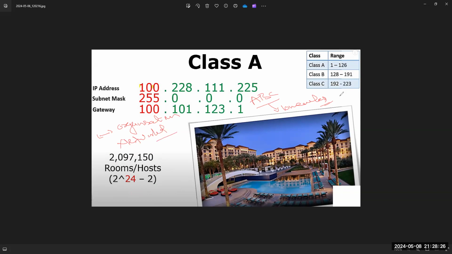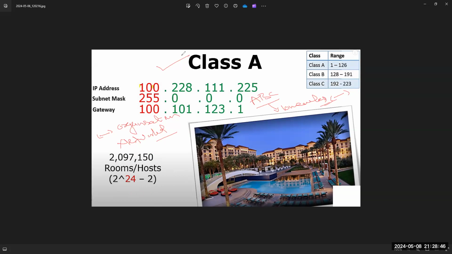So if I have 10 laptops which should be networked, I will be using any one of this categorization, class A, class B, class C, right? And I will create that many IP addresses to have all my machines networked.